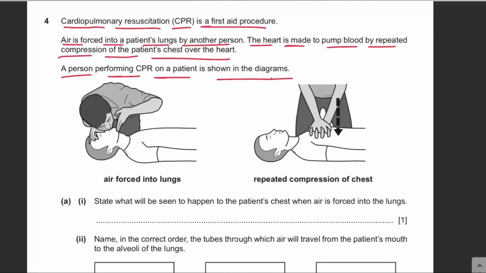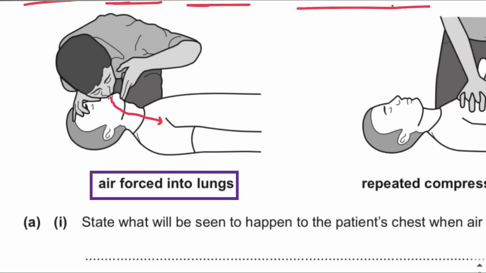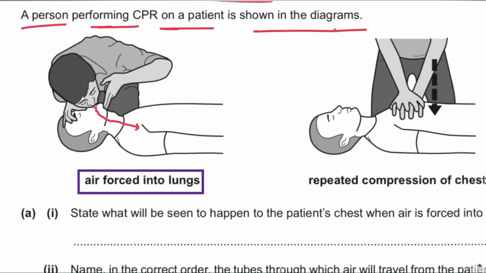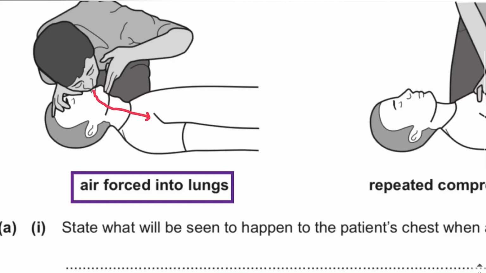So what happens in CPR is that the air is forced into the lungs of the patient by a person. You can see that a person is blowing air into the patient's mouth, and this air is forced into the patient's lungs so that the gas exchange continues because the person is unable to breathe, right?